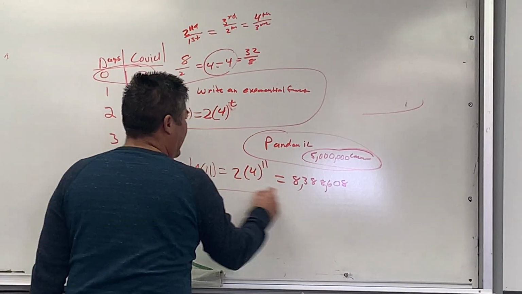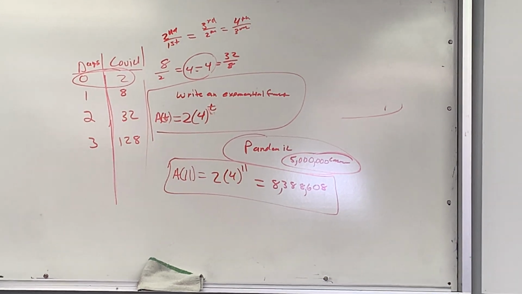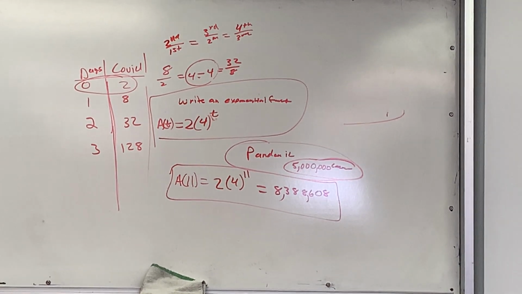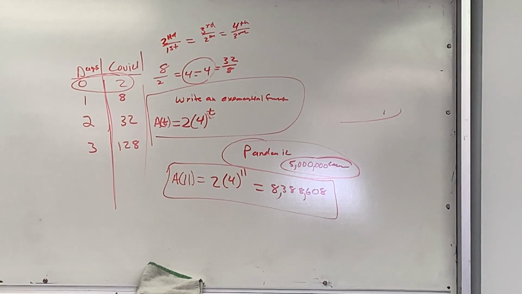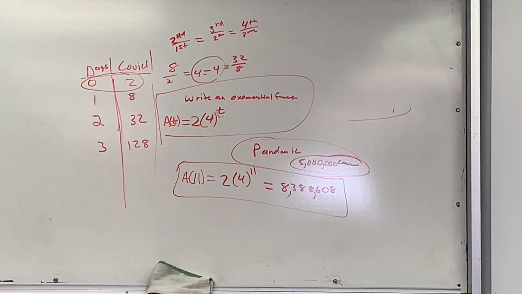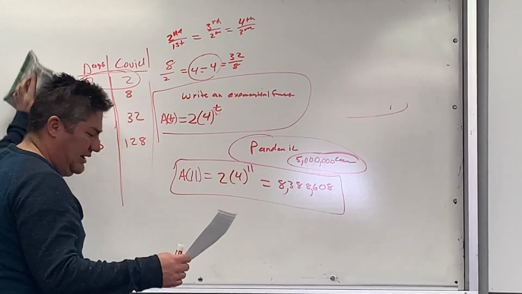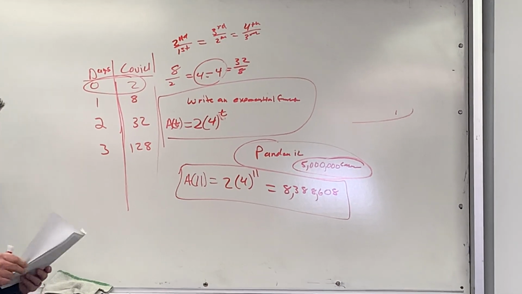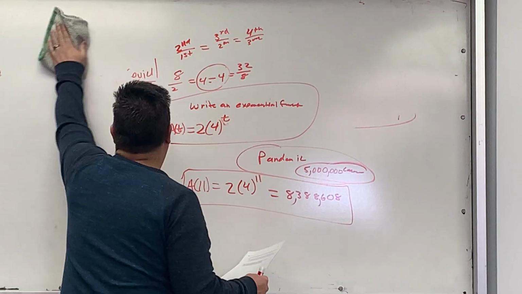And then say, will I declare a pandemic after this many days or not? Will I declare a pandemic after 11 days? Yes. That's how fast it's growing. Now, that might not be true necessarily for COVID, but it's an example. Okay? So that's how it works. Okay, let's look at 11. Okay. Here we go.